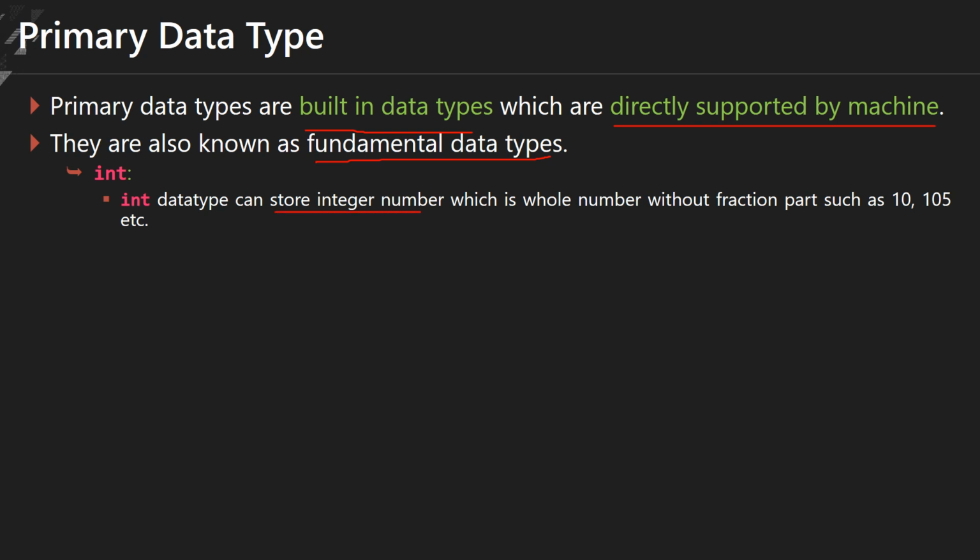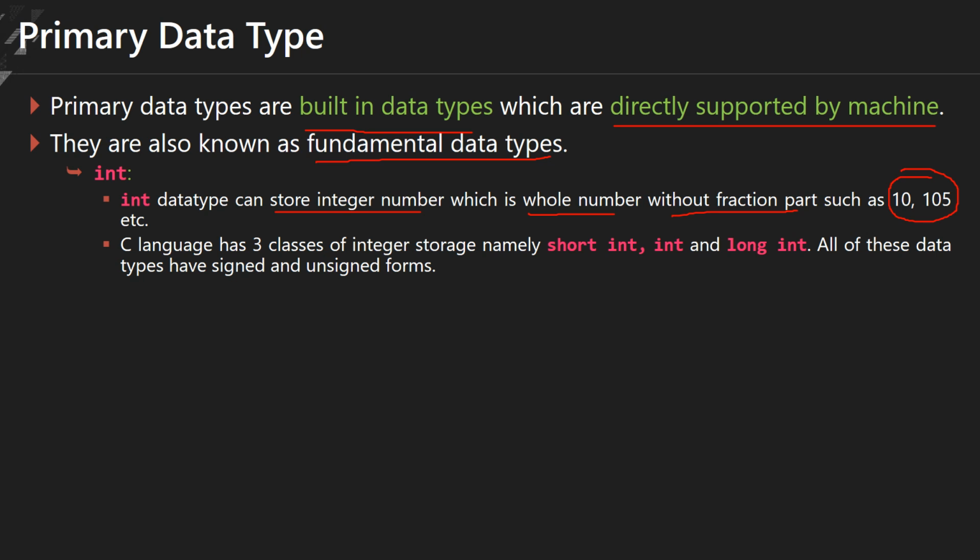an integer number, which is a whole number not having any fractional part, for example 10, 105 and so on. In the integer data type, you can further classify three classes: short int, general int and long int. All of these data types have signed and unsigned forms.